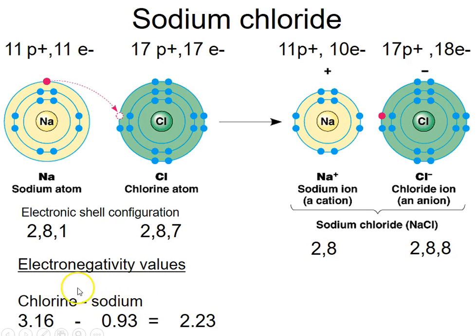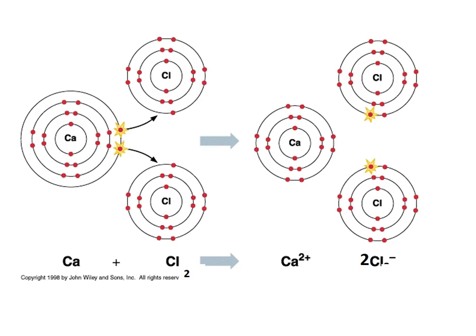We had the electronegativity values in your data booklet last year, and I'm not sure if the Year 12 one has electronegativity numbers. I don't think it has. But chlorine has a higher electronegativity than sodium, and if the difference between them is greater than 1.5, then it will lose and gain totally to become ions.